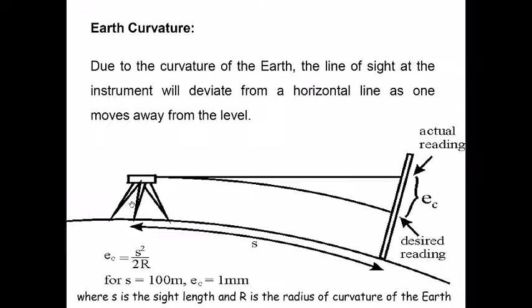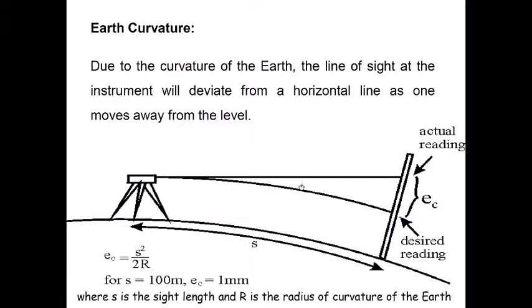And the effect of the curvature is determined by this equation where EC is the error. This is the horizontal line or the level line when your instrument is leveled, and this is the level surface. And remember what we talked about, that your horizontal line or horizontal plane is at tangent to the level surface, and the level surface is the one which is at equal elevation from the earth, which is also in curvature.